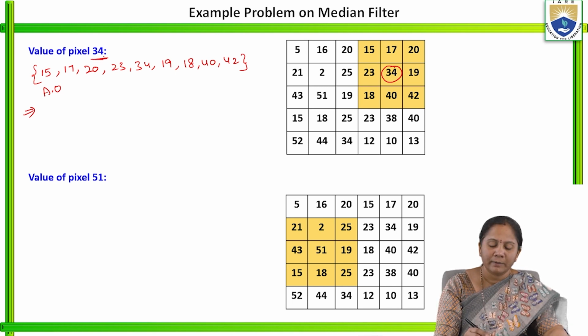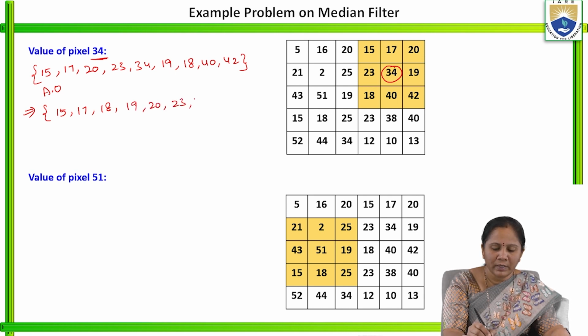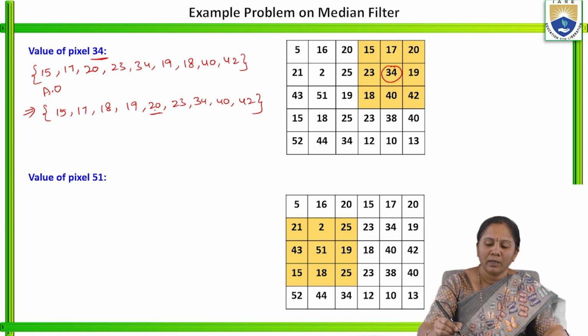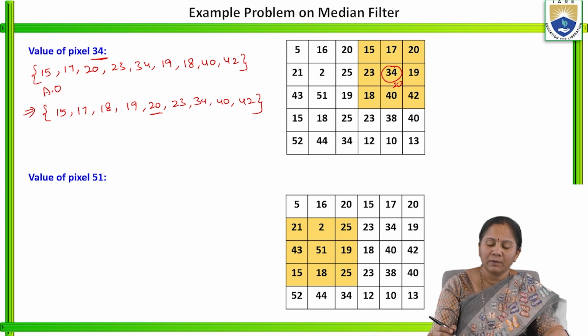If we arrange them, we will get 15, 17, 18, 19, 20, 23, 34, 40, 42. Among these, the middle value is 20. So this 34 will be replaced with 20.